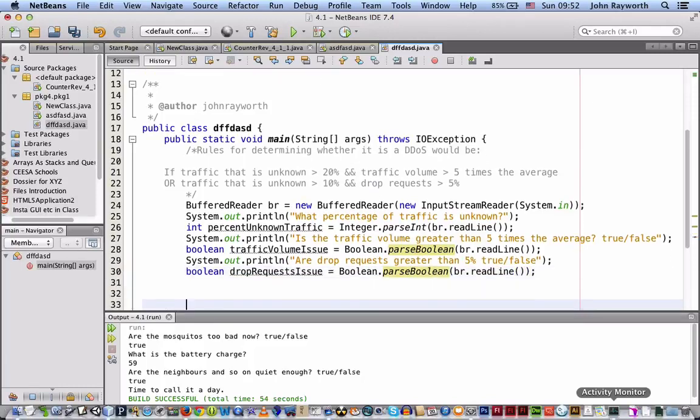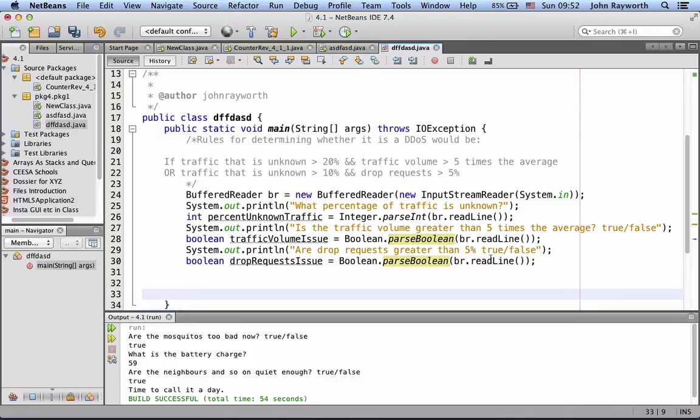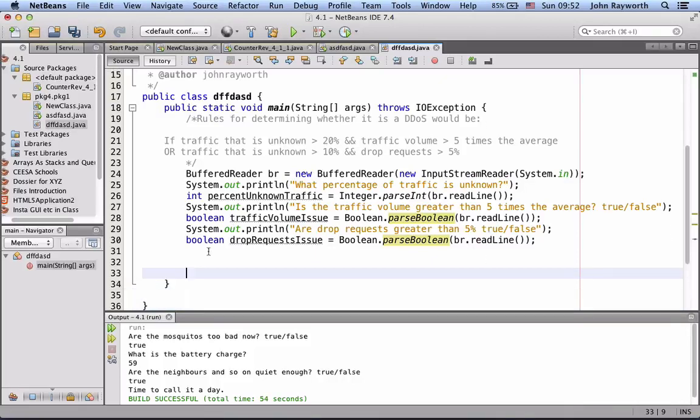Right. So this gets a little bit more complex, and this is a compound one that says if this and this, or, that's the difference from the last one, or that and that. Either one of those compound conditions could indicate that this is probably a DDoS attack. So this is the way that it looks.